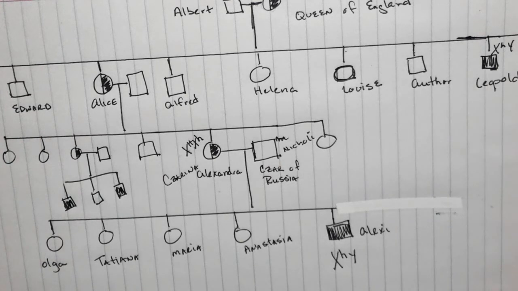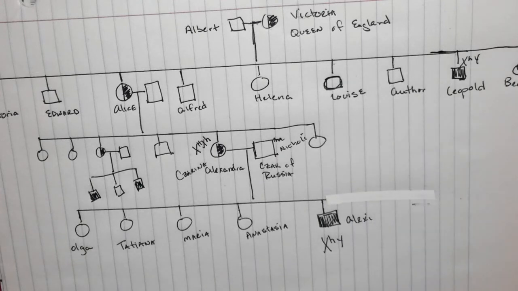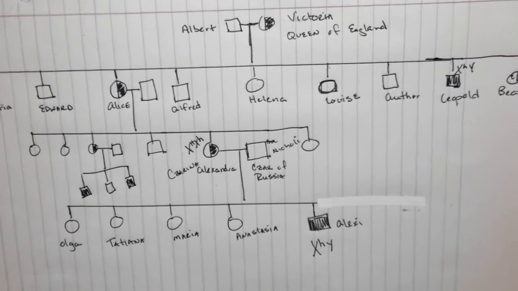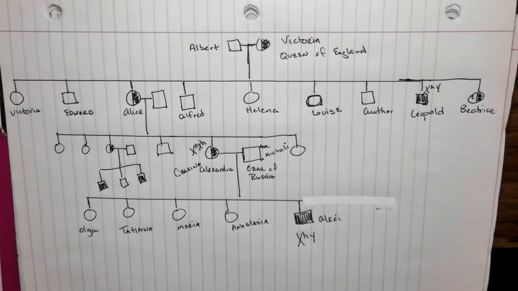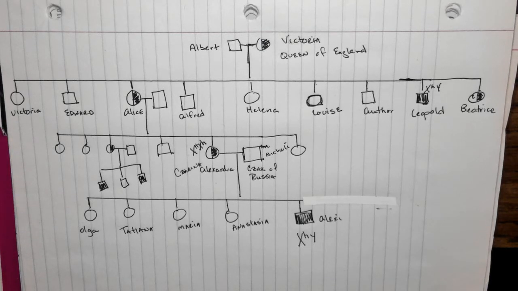Now, Queen Victoria, so back in the day, it was very important to marry your kids off. If you were royalty, you married your kids off to other royalty in Europe. And so Queen Victoria married her kids off to other royalty, and so she essentially spread hemophilia across Europe. That's what ended up happening.